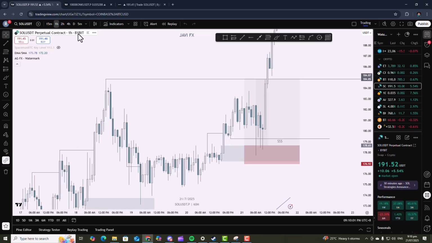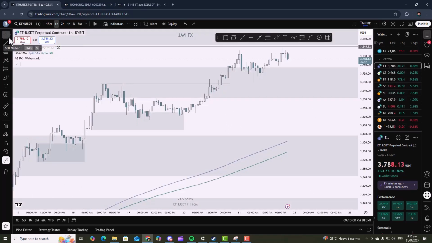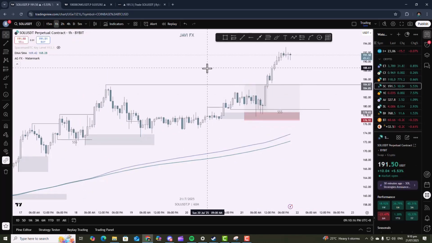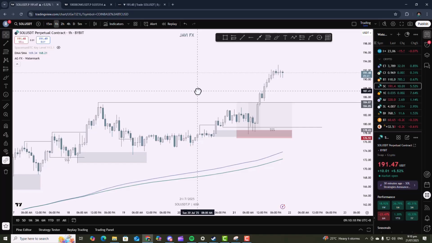So it has to be ByBit. If you look at Ethereum, ByBit. Bitcoin, ByBit. It has to be ByBit at all times because if you choose Binance but you're trading on ByBit, then the values are obviously going to be different. So that's something to keep in mind.